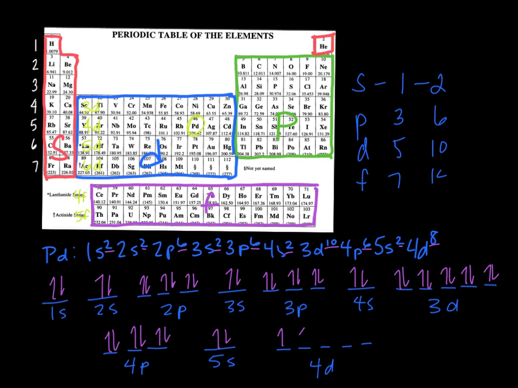Now remember, they're going to spread apart as far as they can first. There's 5, and then they'll pair up, 6, 7, and 8. And so I have 2 unpaired electrons in the 4d orbital for palladium.